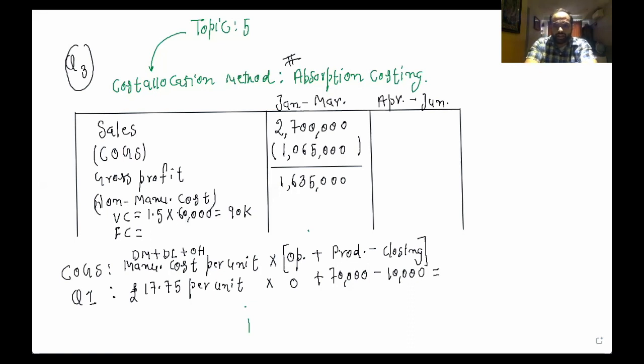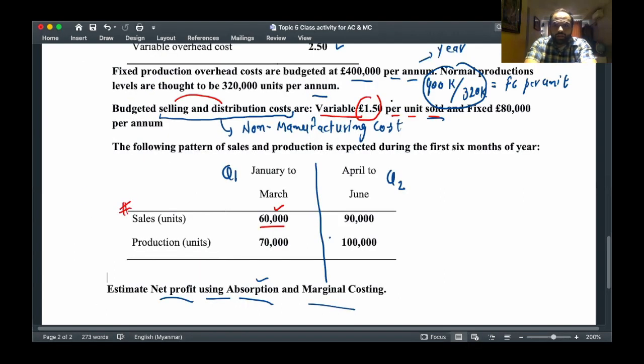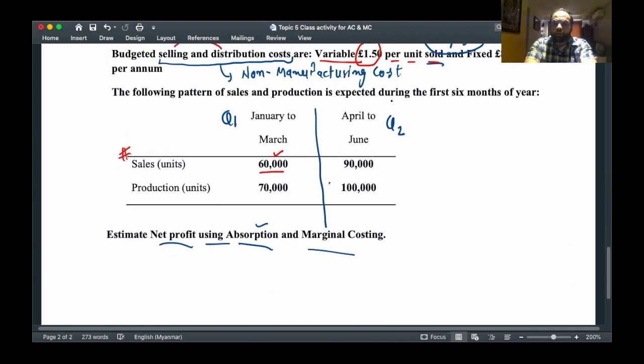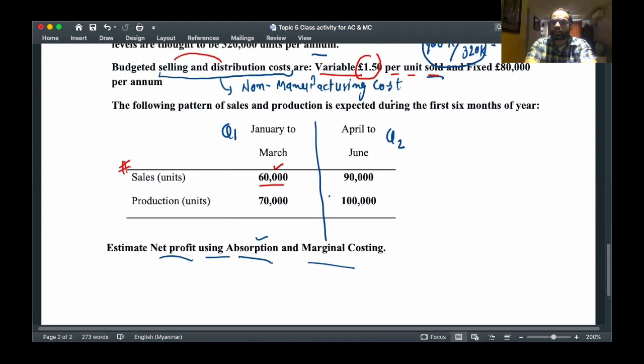Is it 60 or 80? Let's check again. Your fixed cost is 80. Why did you say 60? Not 60, 80. So how much is fixed cost for first quarter?